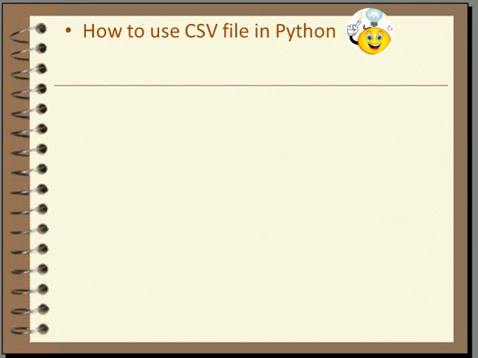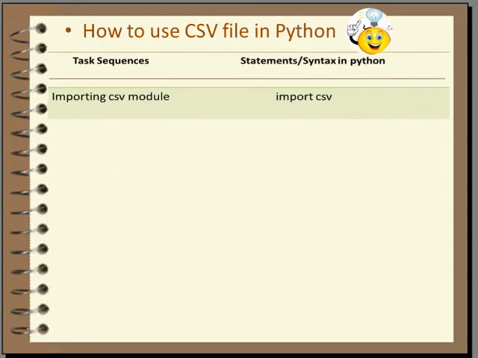The very first statement that you will write in every Python program where you want to use CSV files is import csv. This statement will import the inbuilt CSV module in our program. The CSV module enables us to use CSV files for reading, writing or appending.